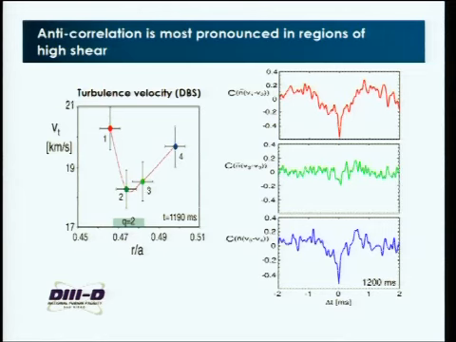This is the red data corresponding to this region, and the blue data corresponding to the other side. So this establishes that there's anti-correlation between shear and density fluctuations, which points to zonal flow activity influencing the intermediate scale density fluctuations also.